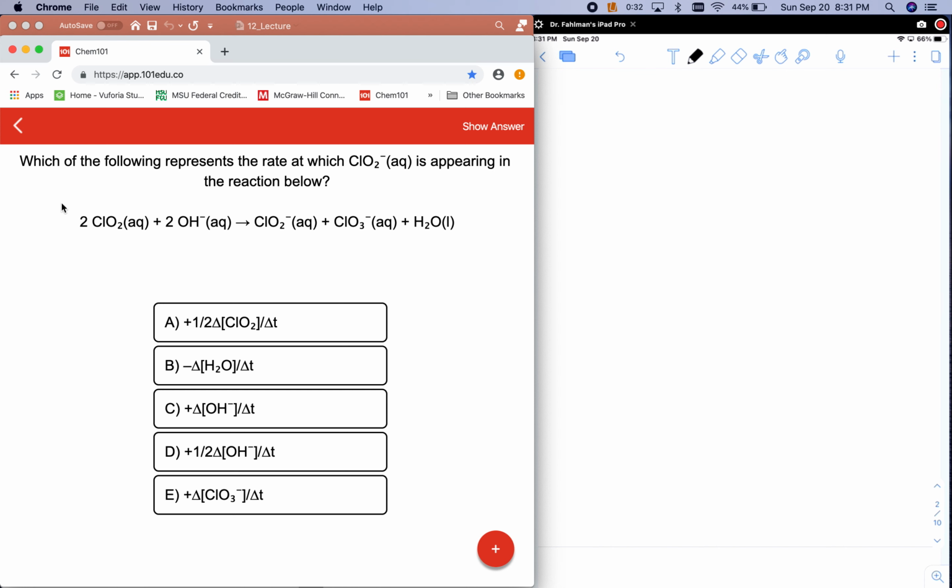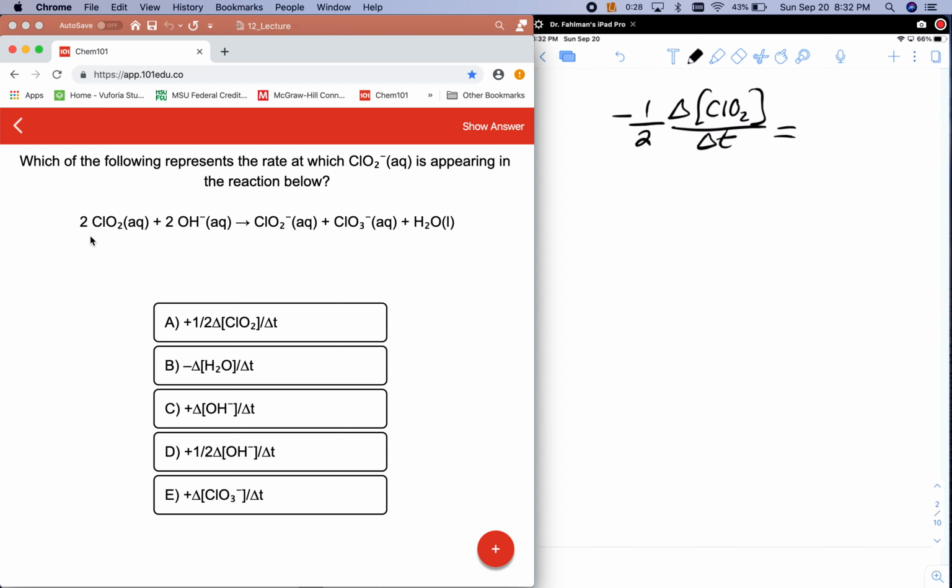And so just to get you started, if you look back at your notes, remember if you have a coefficient in front, you just take the inverse of it. So we could write the expression for ClO2, not ClO2 minus, that's this guy. But if we want to know this one, we would say that it is minus 1/2 the change in concentration of ClO2 with respect to time.